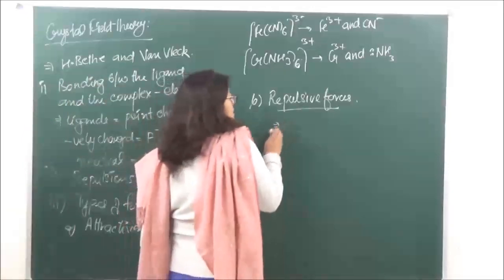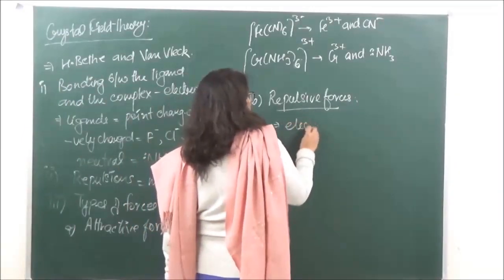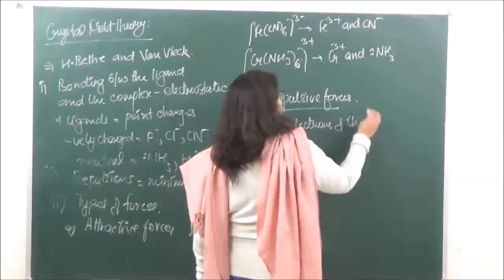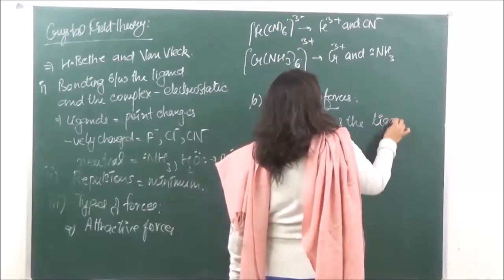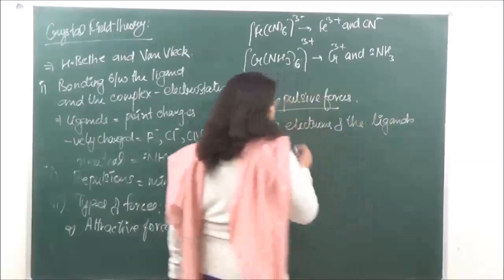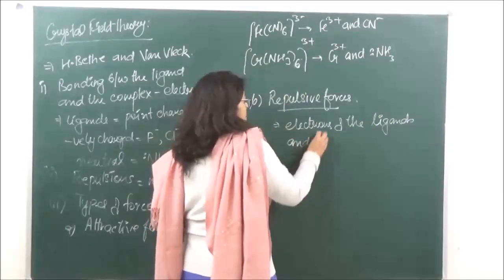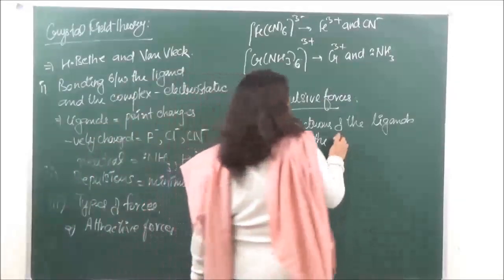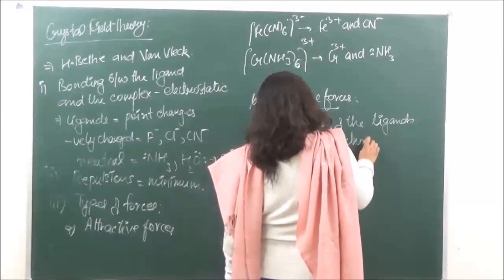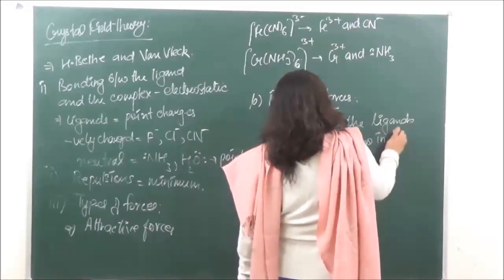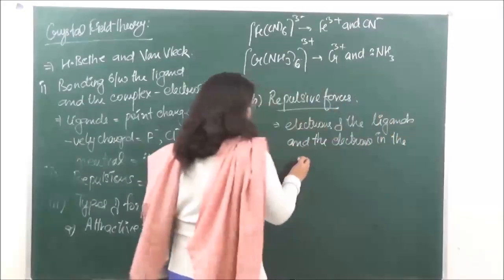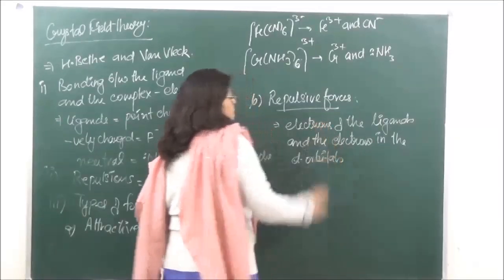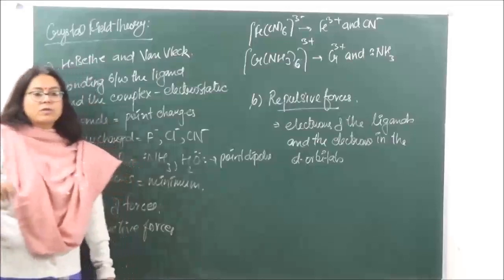So repulsive forces are between the electrons of the ligands and the electrons in the d orbitals.